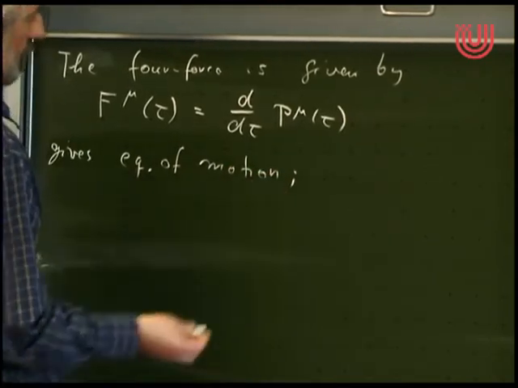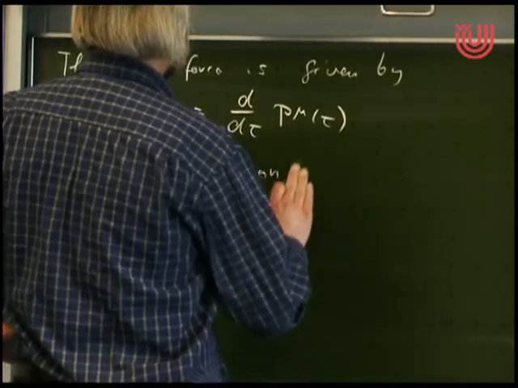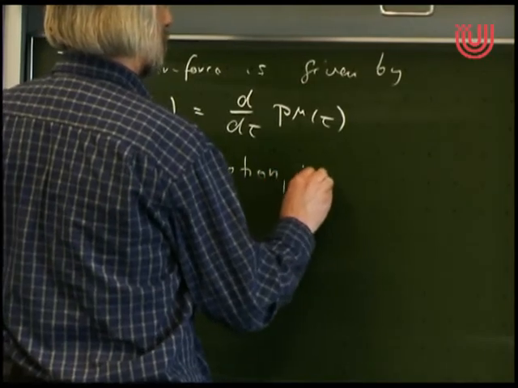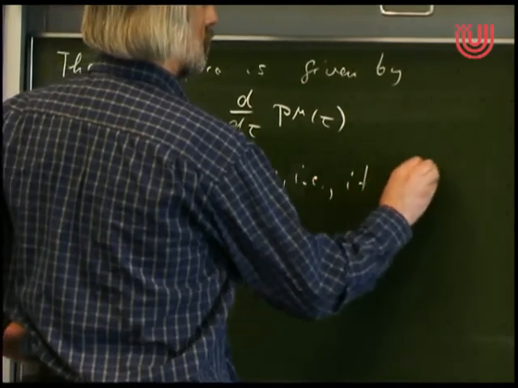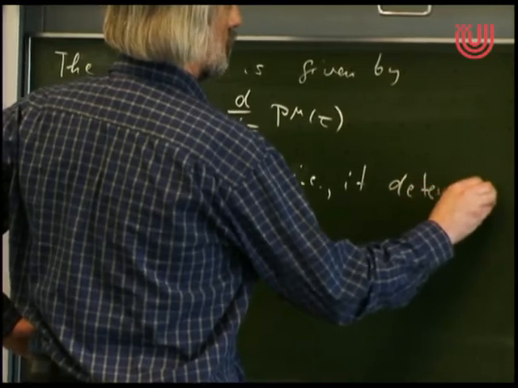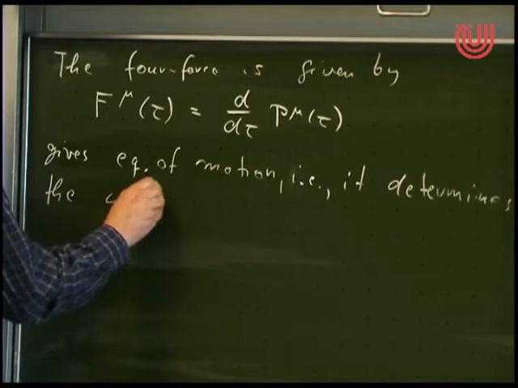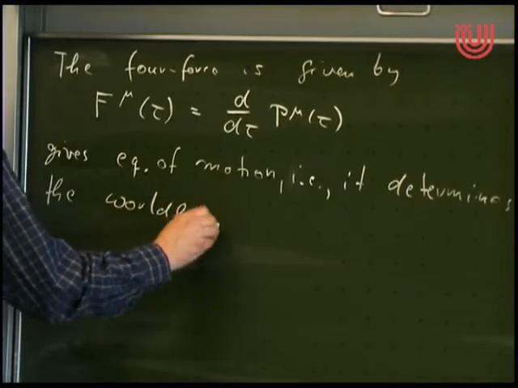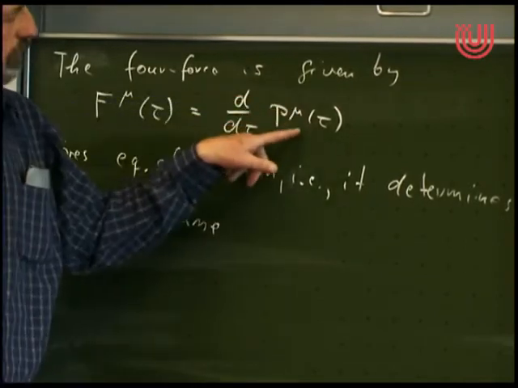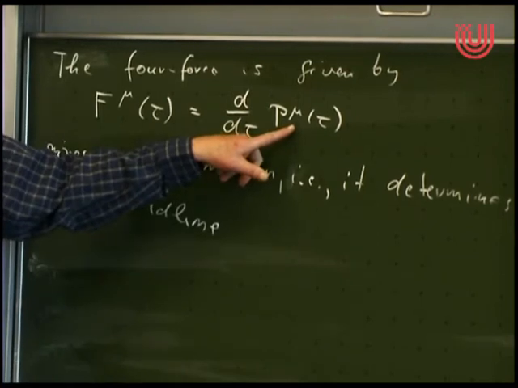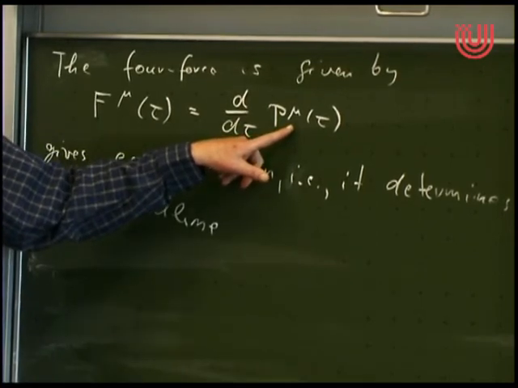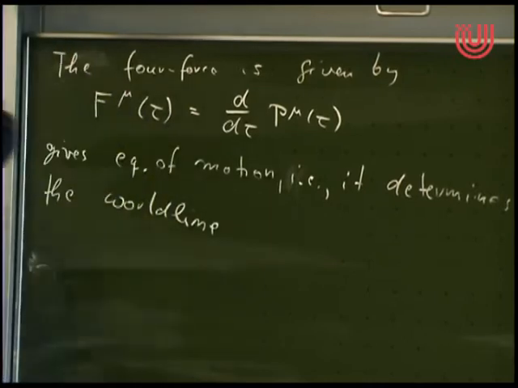And what does this mean? It means it determines the world line, which is hidden here inside the p, right? p is m times u, and u is a derivative of the world line x mu. So the x mu is hidden inside the p.